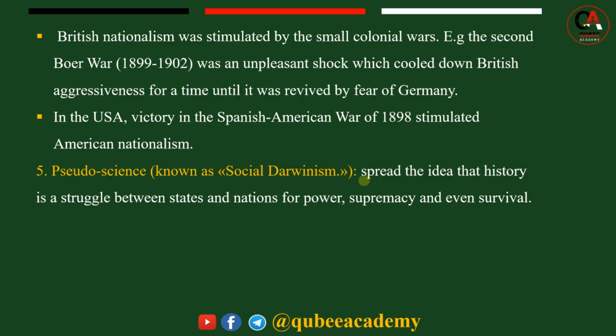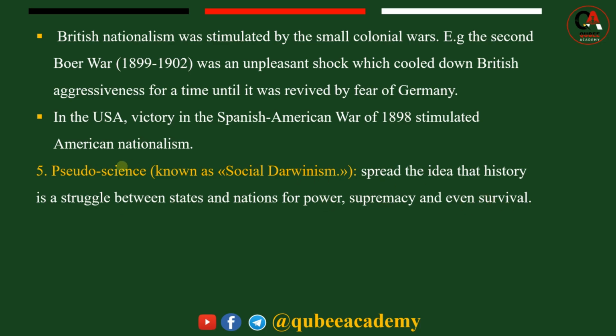For example, the idea that history is a struggle, according to pseudoscience, or what we can call social Darwinism, is the idea that history is a struggle between states and nations for power, supremacy, and even survival.